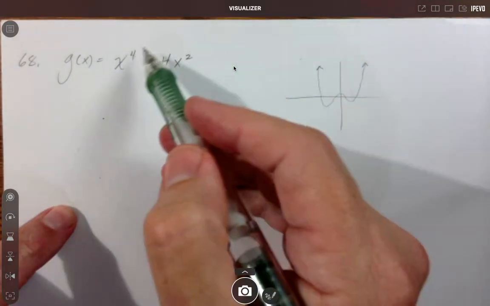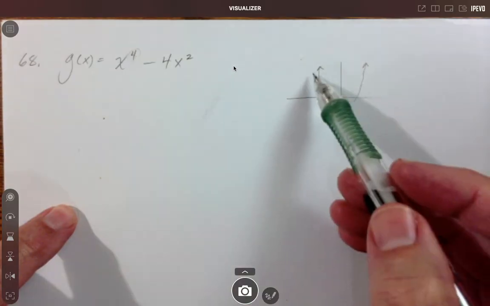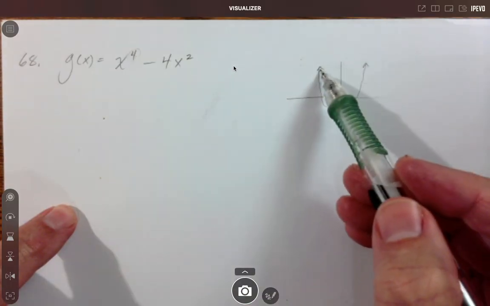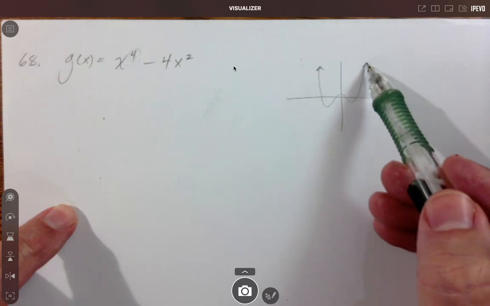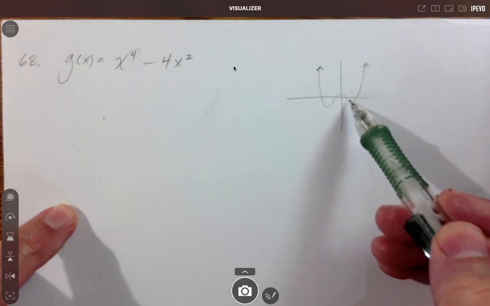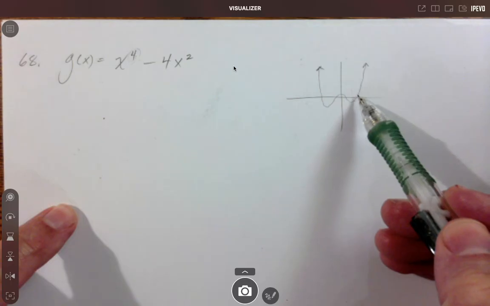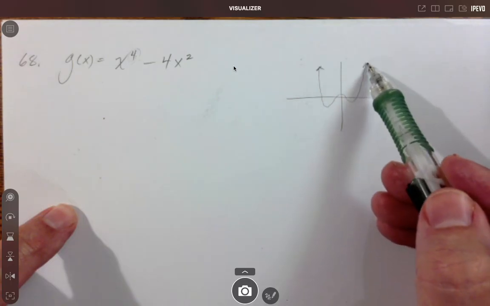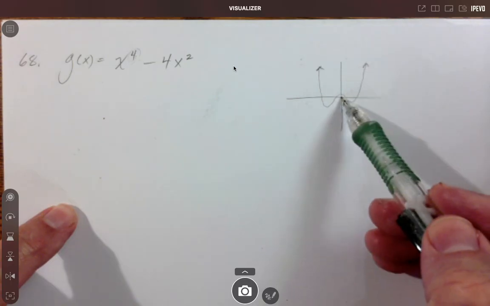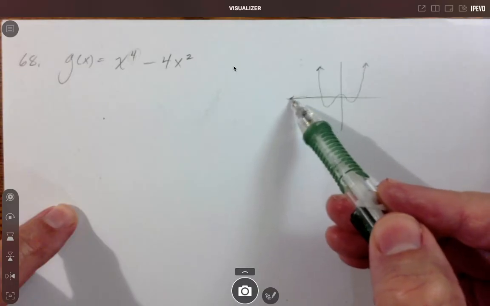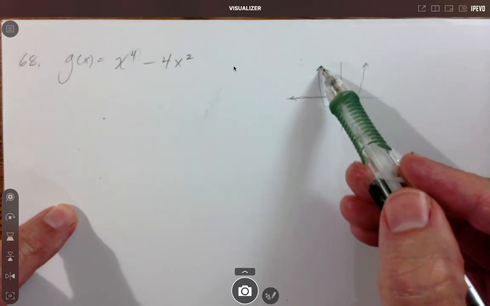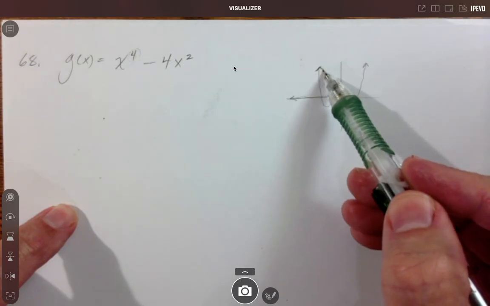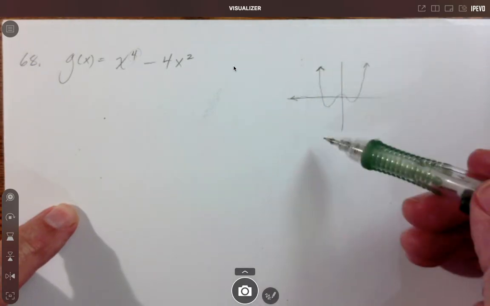Well, since it has even degree, I know the end behavior is the same on both sides, right? It's either going to rise at some point as x approaches infinity, f of x is also going to approach infinity, and as x approaches negative infinity, f of x will also approach infinity. Or it'll be upside down.